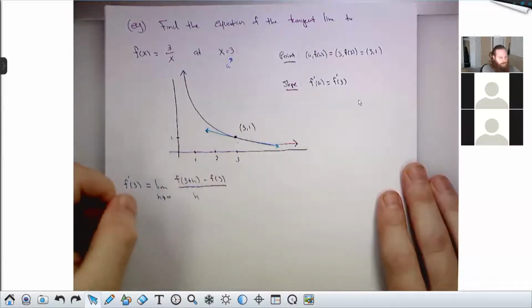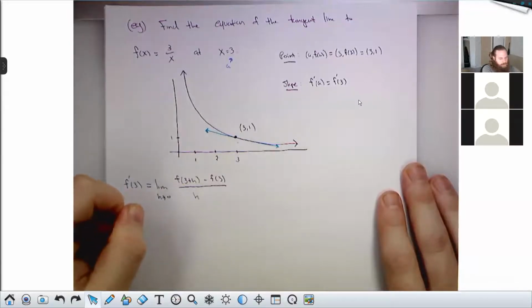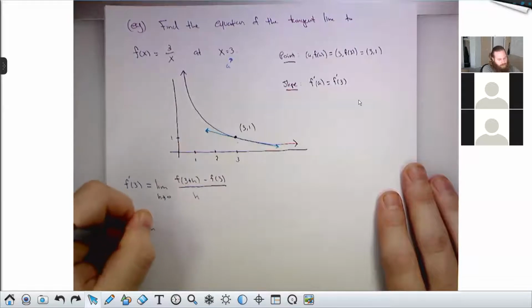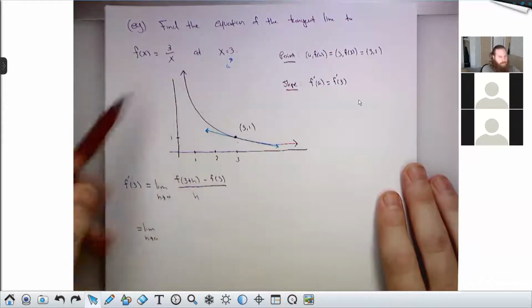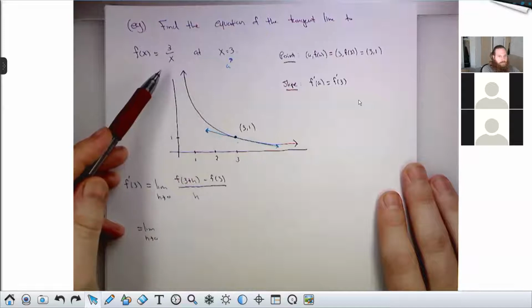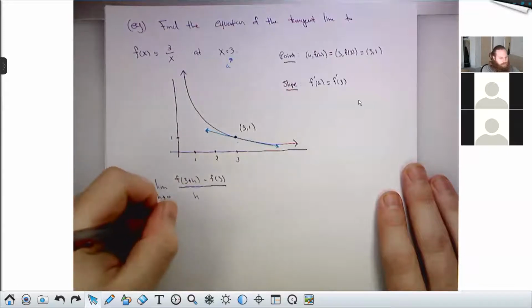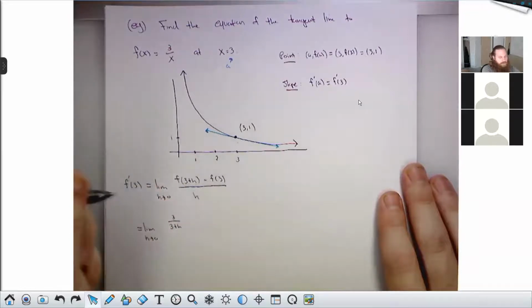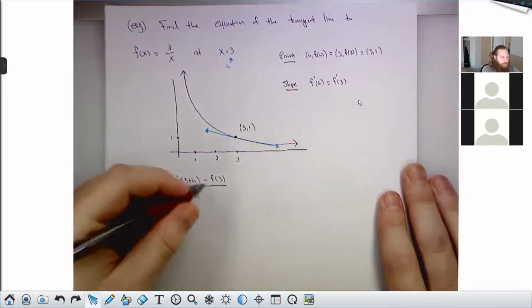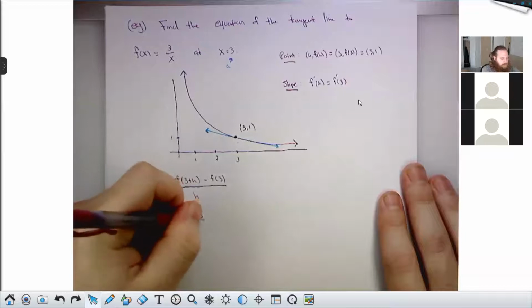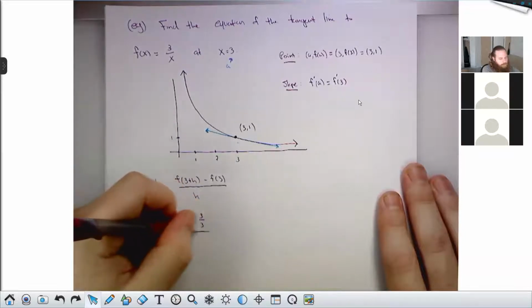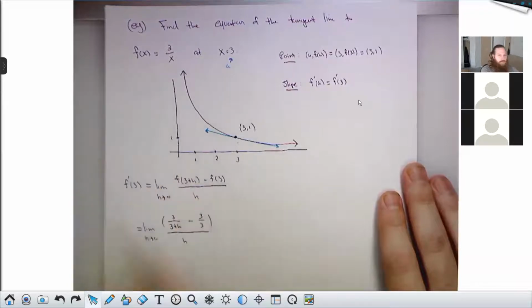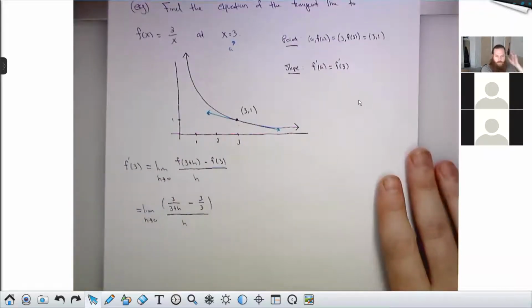Now, what is my function f of x? Well, f of x is 3 over x. So f of 3 plus h is 3 over 3 plus h. And f of 3 is 3 over 3. And all of this is being divided by h. And I like to put these in parentheses to remind myself what's going on.